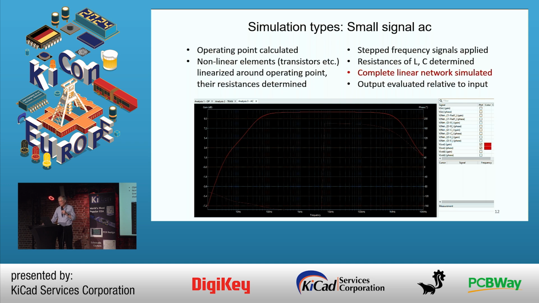And then we do a complete simulation, frequency per frequency, of this linear network. And the output is calculated relative to the input, of course, because we have a linear network. And this is what the output is.